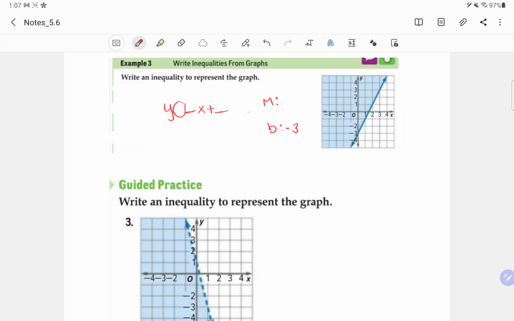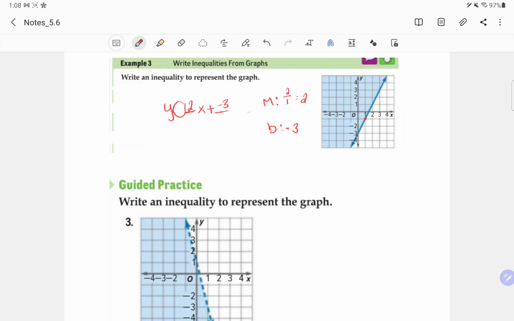To figure out your slope, find the next point that crosses right at 2 numbers. Right here, I'm right at the 4-corner meeting point. So I go up 1, 2, and I rise 2, and I ran 1, which is just equal to 2. We're kind of working backwards. So I'm going to fill those in: I have a 2, and I have a negative 3.